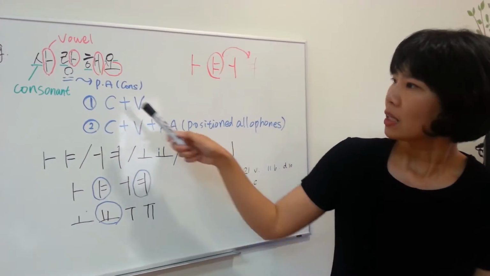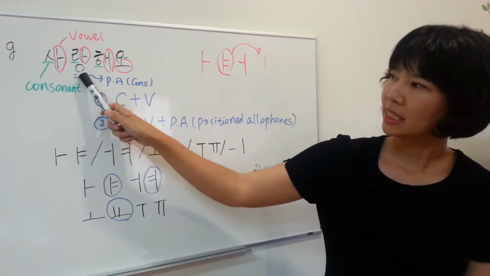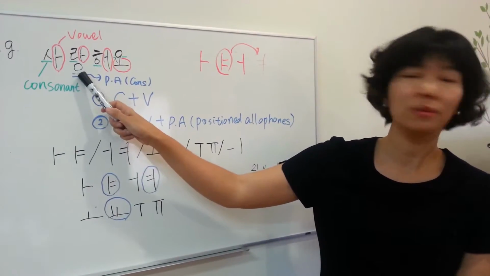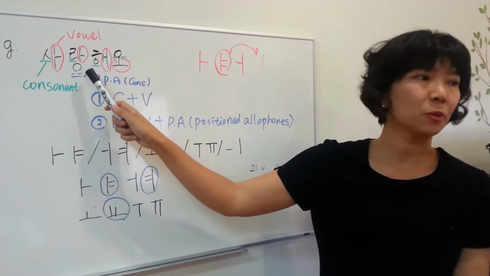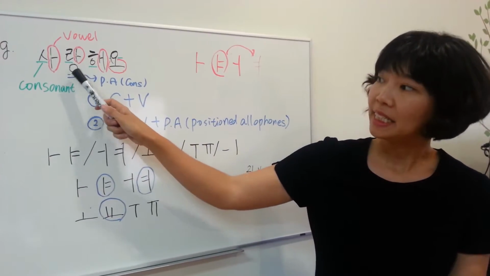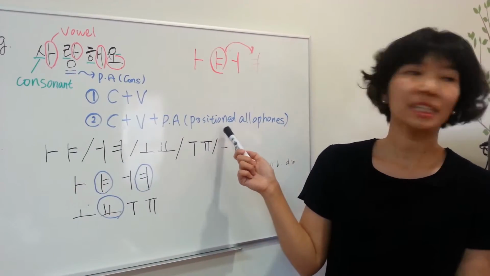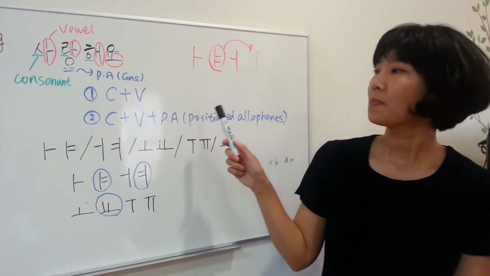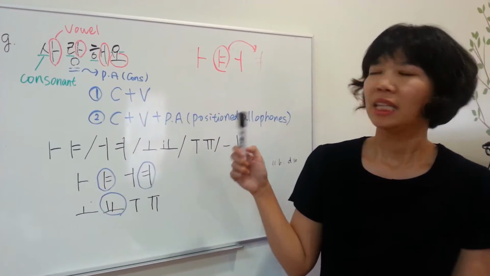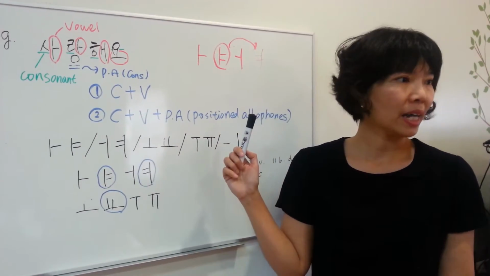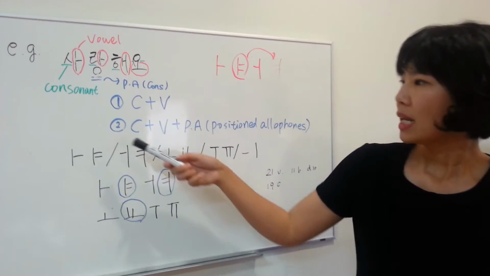Second, please pay attention to this letter at the bottom of the second syllable. This syllable is pronounced as 이응, and 이응 is a position placeholder. There are a lot of position placeholders in the Korean language, and it's always combined with consonants and vowels.